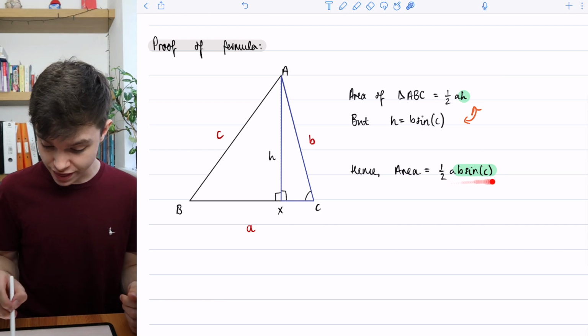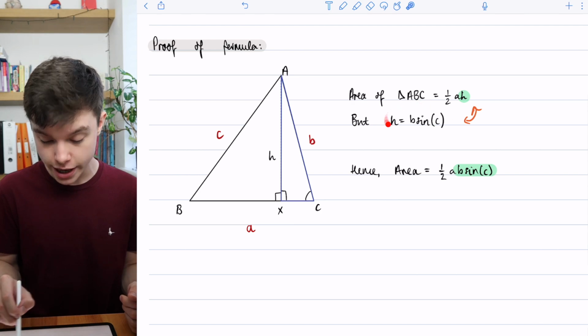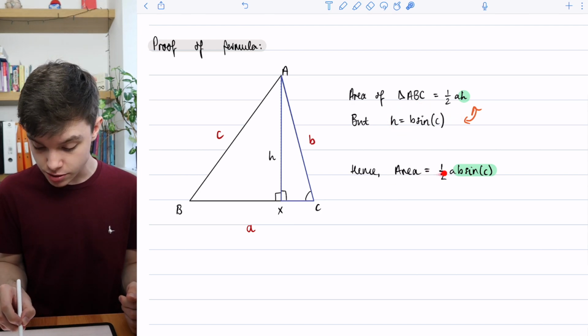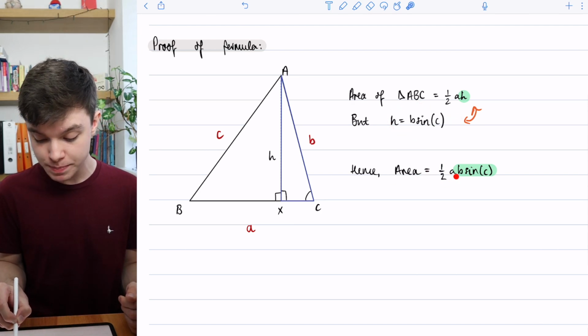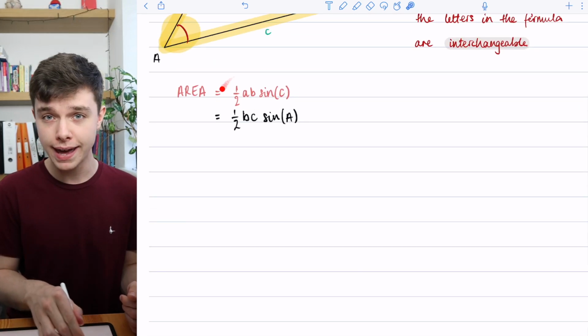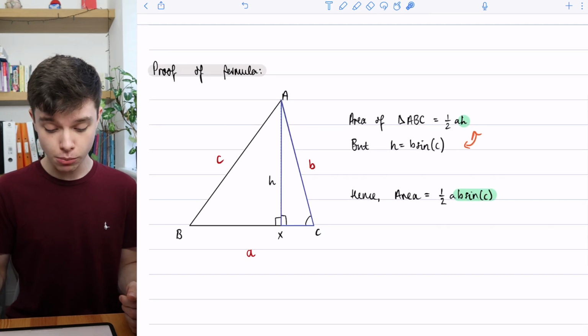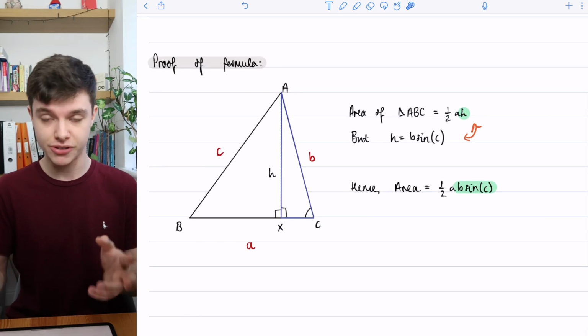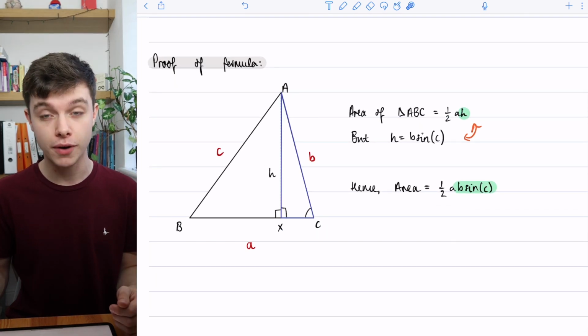And then we just get this. You can see H has become B sine C from this equation here. And then the area is equal to a half times A times B sine C, which is the formula we just had up here. So the proof really is not much of a proof. It's just some simple steps to see where that formula comes from.